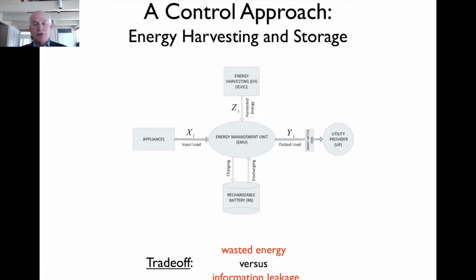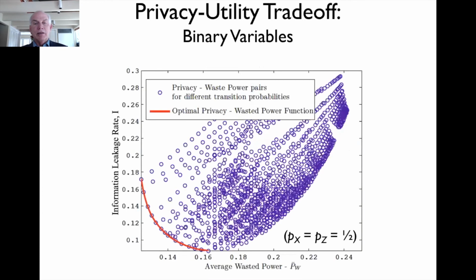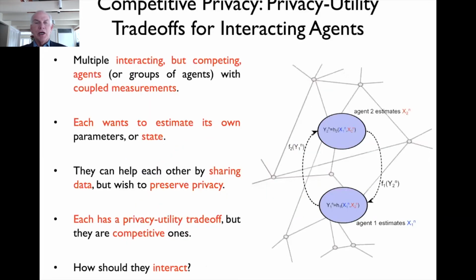So that's the privacy-utility trade-off. And we can set this up as a Markov decision problem. And it turns out that numerically, for certain examples, we can get a lower frontier that tells us how we can optimally control the battery in order to trade off those two elements. Sorry to go fast over that, but I'm running low on time.